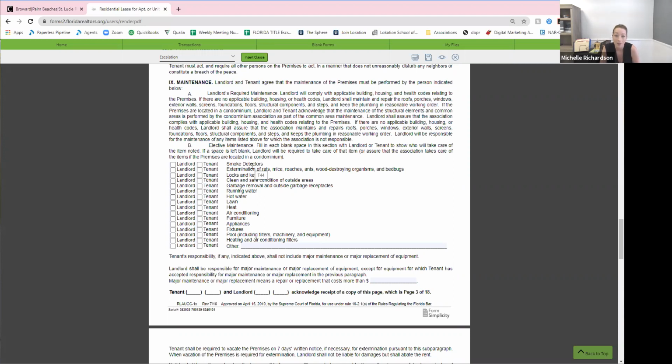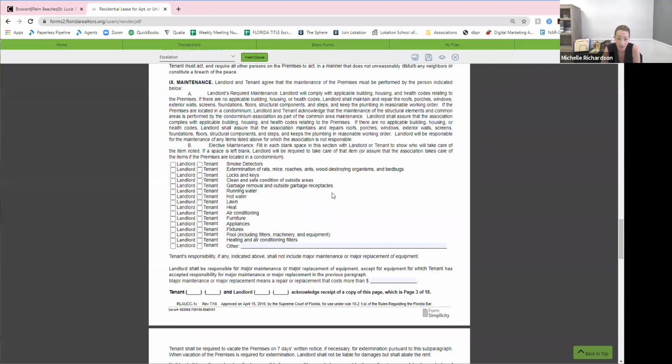Elective maintenance. Fill in the blank spaces below in the section with landlord or tenant to show who will take care of the items noted. So we have a bunch of items noted down here: smoke detectors, extermination of rats, mice, roaches, ants, wood destroying organisms, and bed bugs, locks and keys, clean and safe condition of outside areas, garbage removal, running water, hot water, lawn, heat, air conditioning, furniture, appliances, fixtures, pool, heating and air conditioning filters.